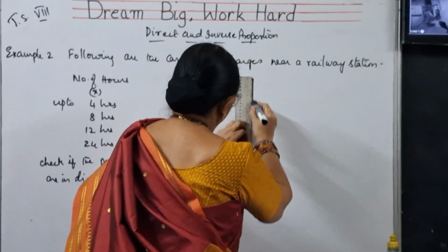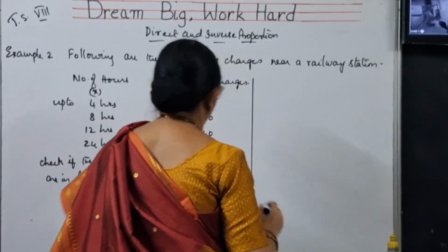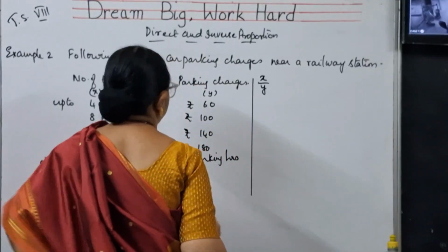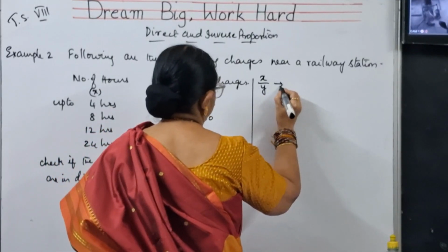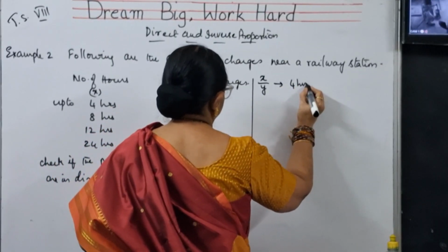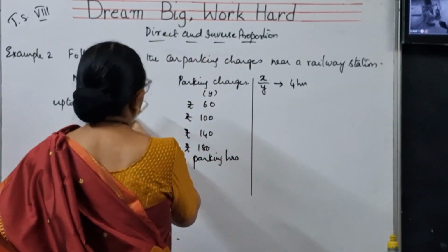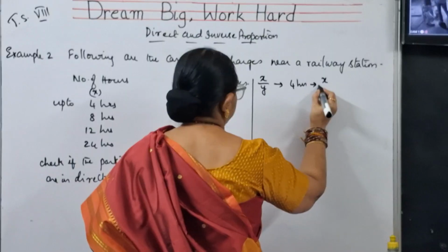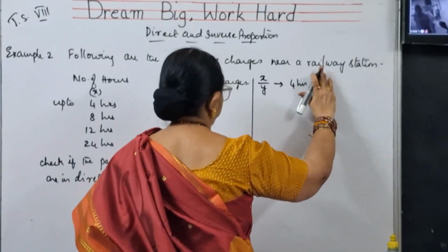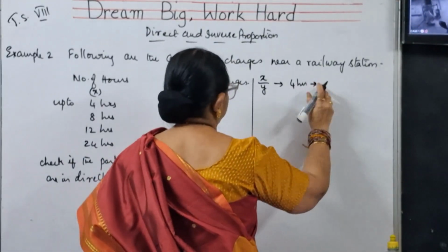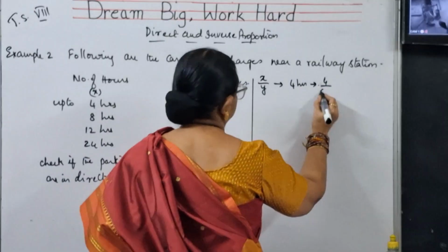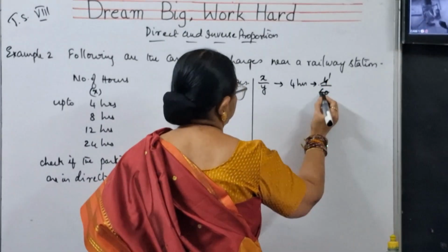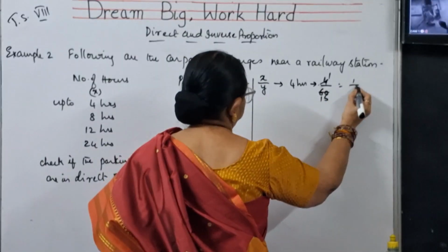Let us see what is X by Y. For 4 hours, what is the charge? X by 60. X is 4, so 4 by 60. 4 ones are 4, 4 fives are 20, so you are getting 1 by 15.